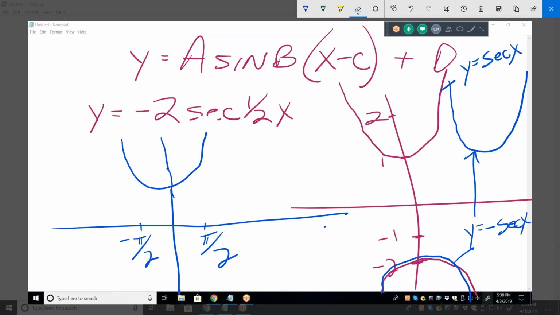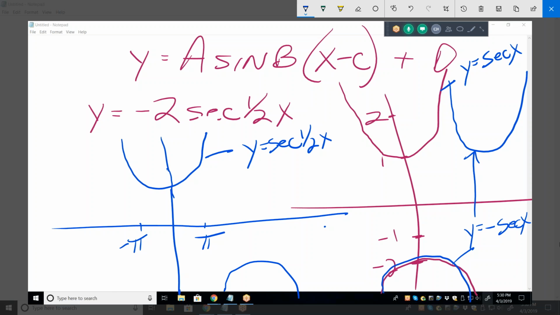Let's make this from minus pi to plus pi. Does the same thing. You see why? Yeah. Okay. And now this is y equals secant of 1/2 x. That's all it is. And the rest of it would be like that.